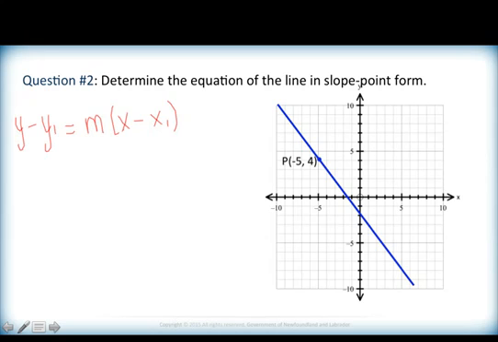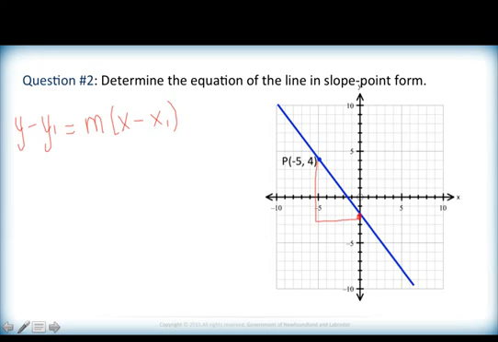But what we need to do first is find the slope. So we're going to use rise over run. We're already given this point here. Now we just have to find another one. Maybe we can use our y-intercept right here to create our triangle. I'm going a little bit past there, but we're just going to need to count the rise and the run.